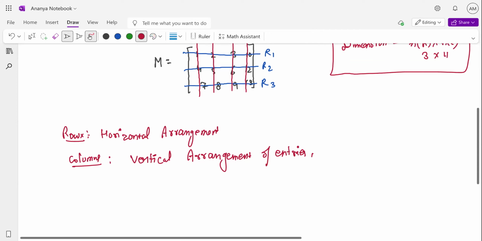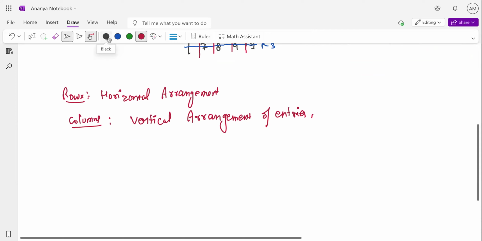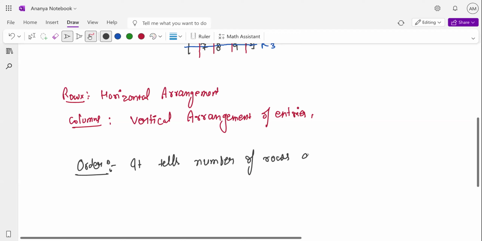It basically tells us the number of rows and columns in a matrix.